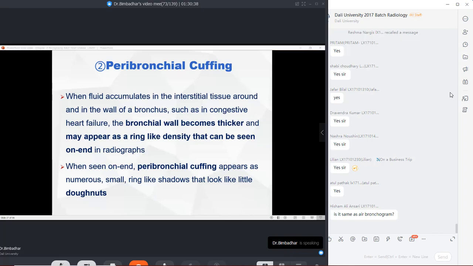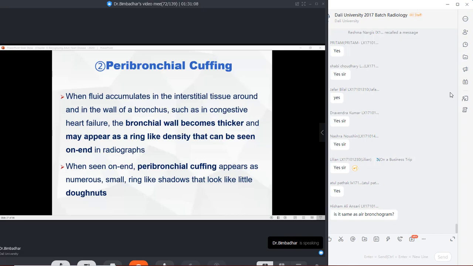No, air bronchogram is different. In an air bronchogram, the bronchus is normal and looks radiolucent. There is no thickening of the bronchus, but the area surrounding it is hyperdense, because of fluid-filled alveoli. A normal air-filled bronchus being visible through the fluid-filled alveoli is called an air bronchogram pattern.